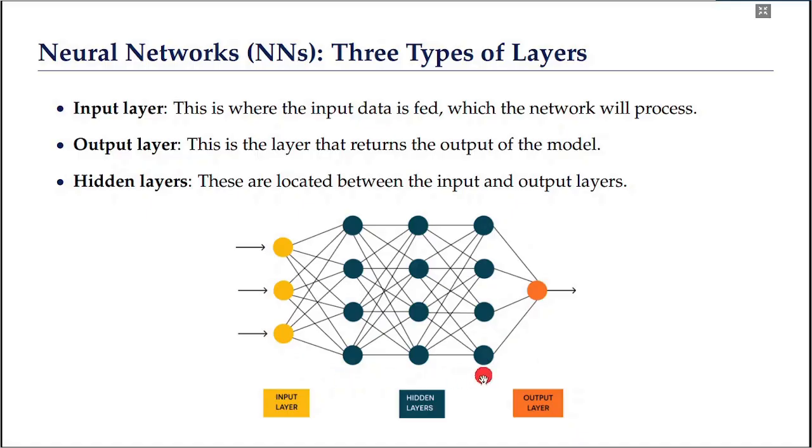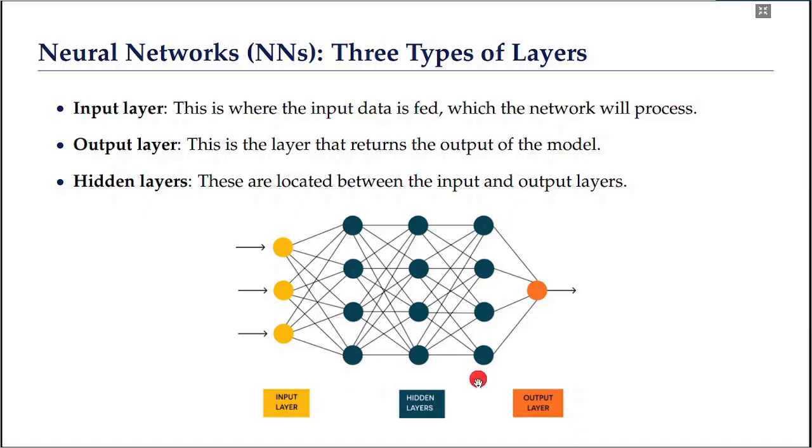And in the middle we have 3 hidden layers. The first hidden layer has 4 nodes, the second hidden layer has 4 nodes, and the third hidden layer has also 4 nodes.